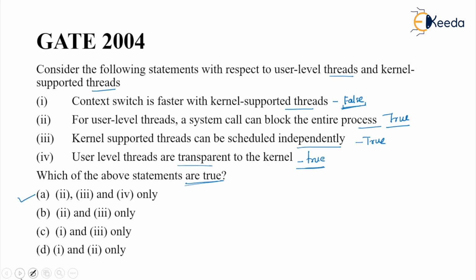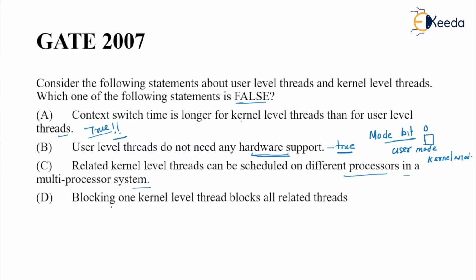So each statement is important, and this statement is again true. Blocking one kernel level thread will block all other related threads. That is not true for kernel level threads. The kernel treats them separately. So the statement is false, and that goes with option D. The answer for this question is D.